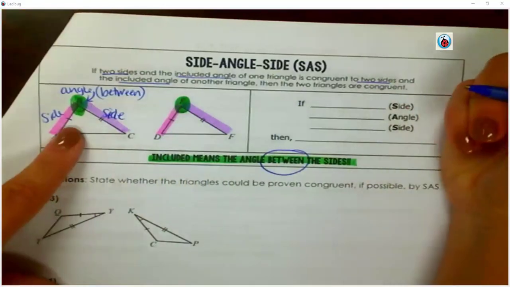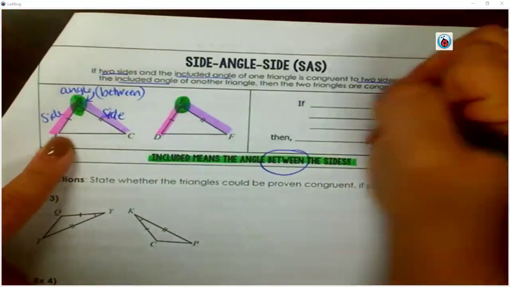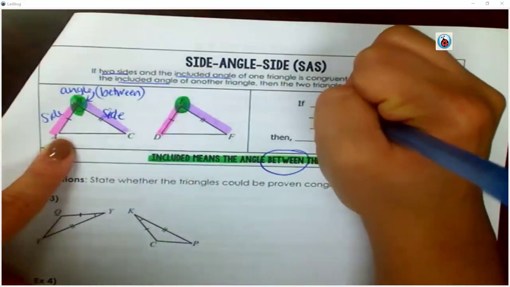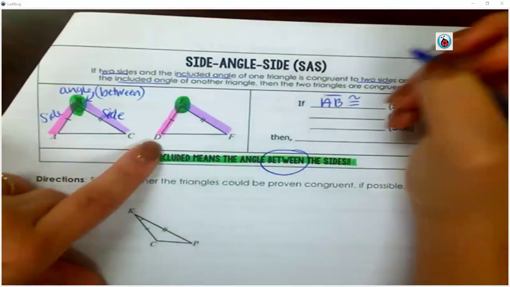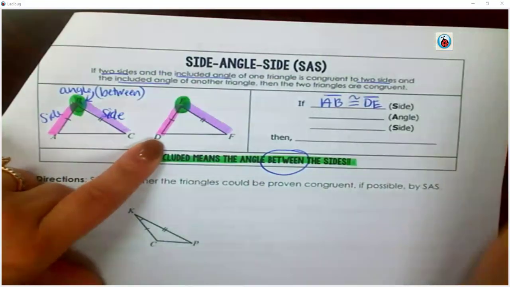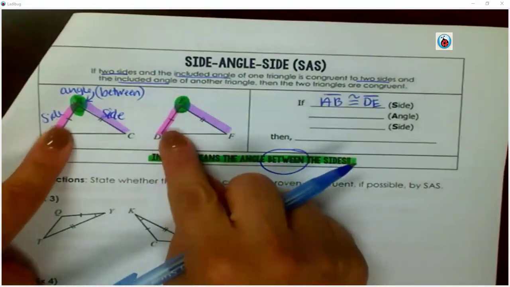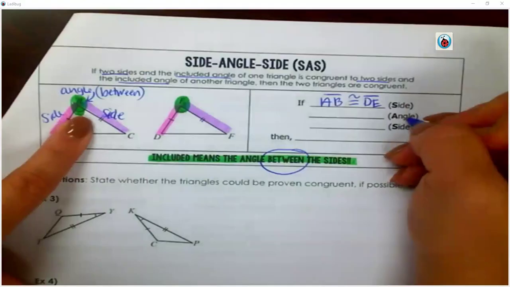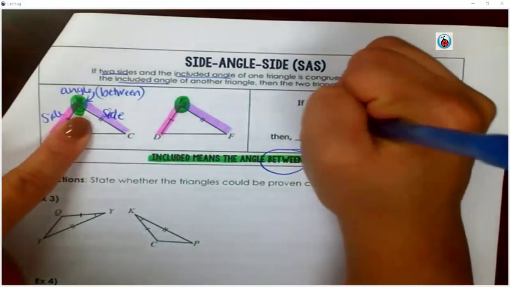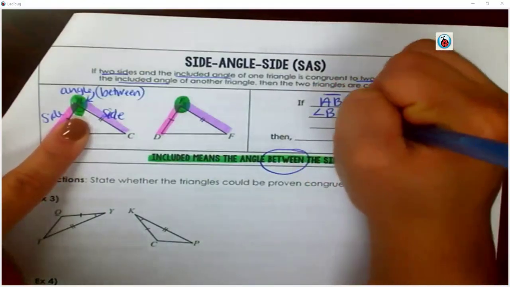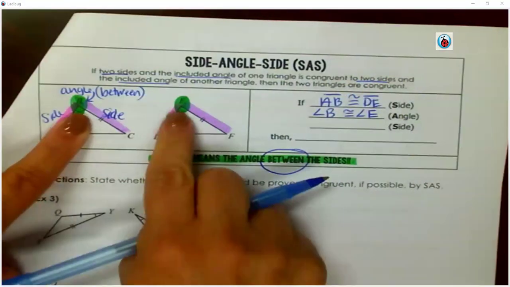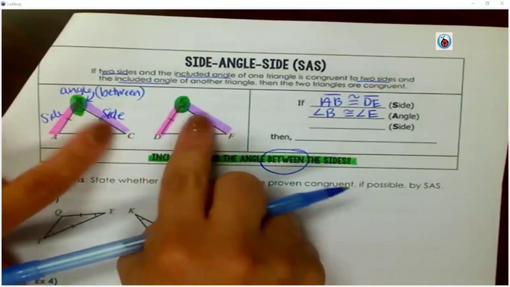So to write this out, we would say if side AB is congruent to side DE, those are my pink ones. And then next we have to state our angle. So angle B is congruent to angle E, which are my green ones, and then my purple sides.